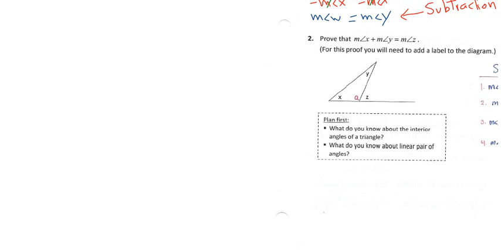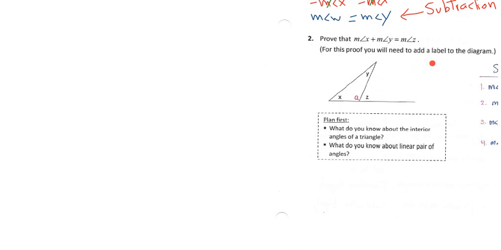It says, prove that measure of angle X plus measure of angle Y is equal to the measure of angle Z. And then I have some extra information here, which says, for this diagram, you will need to add a label to the diagram. So whenever you need to add a label, you are free to do that. In this case, I already did. The angle that was missing, I labeled it angle A. And so I have all the information that I need here.